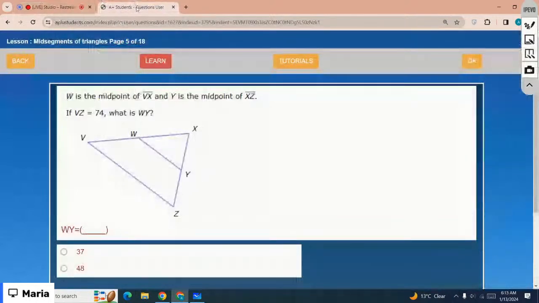The correct option is 74 divided by 2, that is 37.